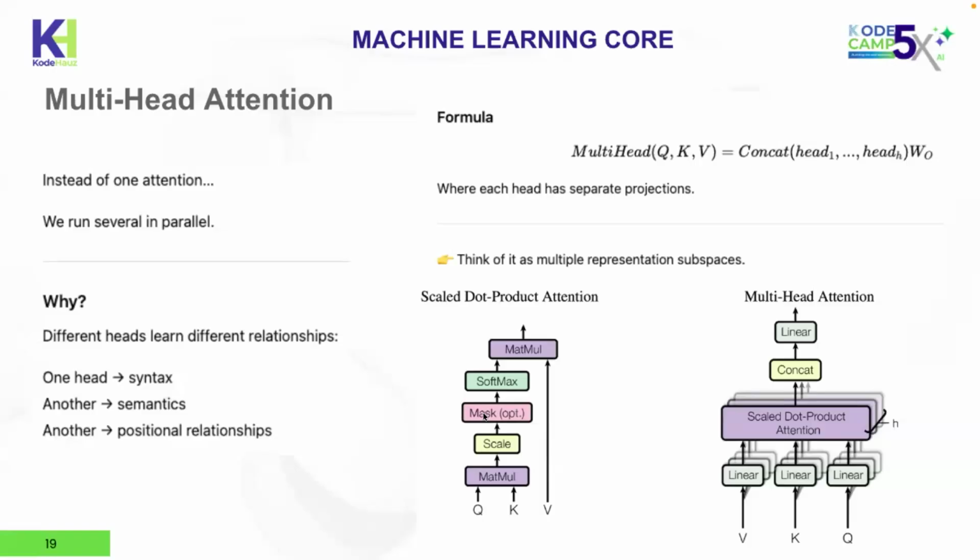The mask is optional. You only use the mask for decoders, but for encoders, you don't use it. Then it goes to the softmax, and then there is another matrix multiplication of that result by the V projection. This output is the attention, which is called the scaled dot product attention. That's the outcome of a single attention operation.